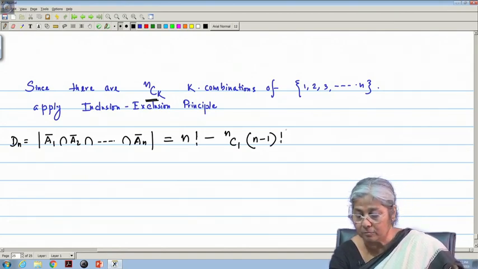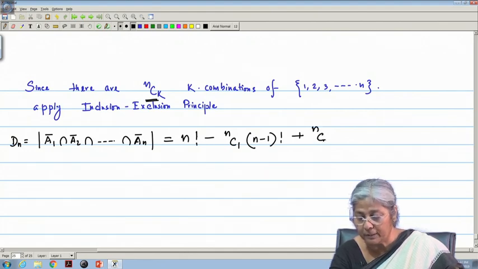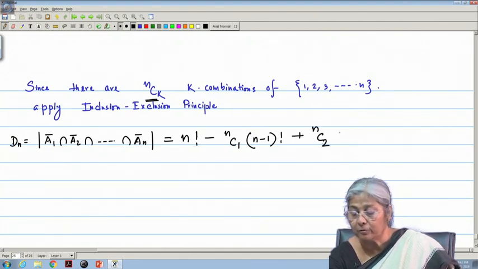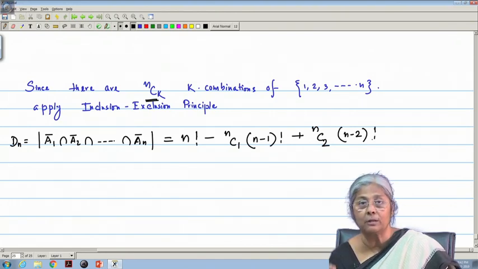Now, for 2 elements I can choose from nC2, and for 2 we have seen the number of permutations would be n minus 2 factorial.